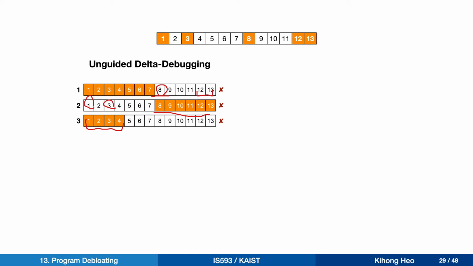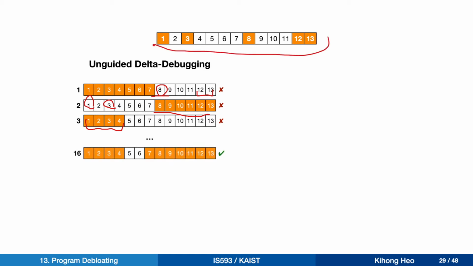But it cannot find the first successful case, which is a superset of the desired program, until 16 iterations. After 16 iterations, as you can see, it tries this program, that is a superset of this guy.